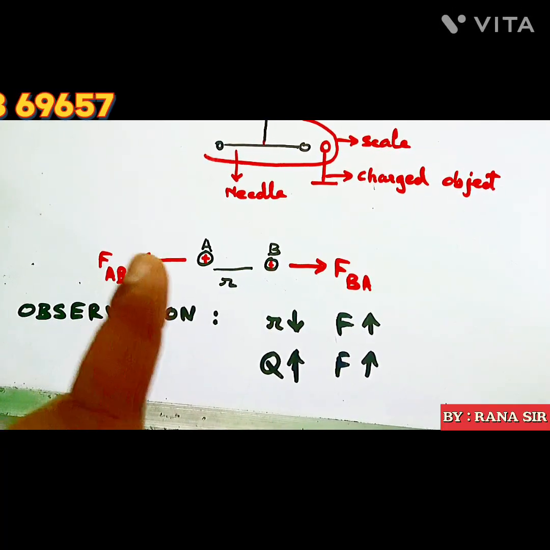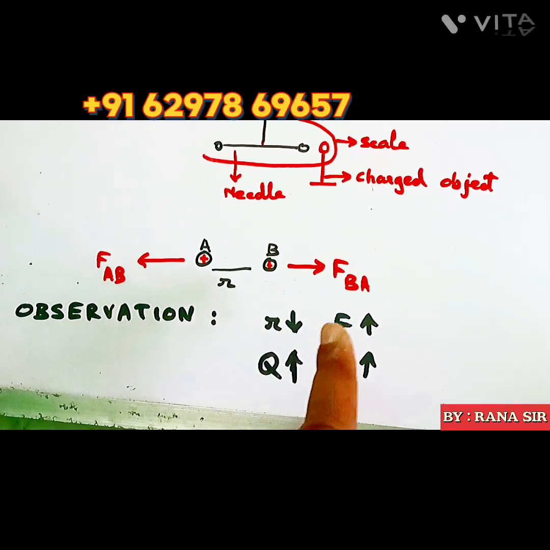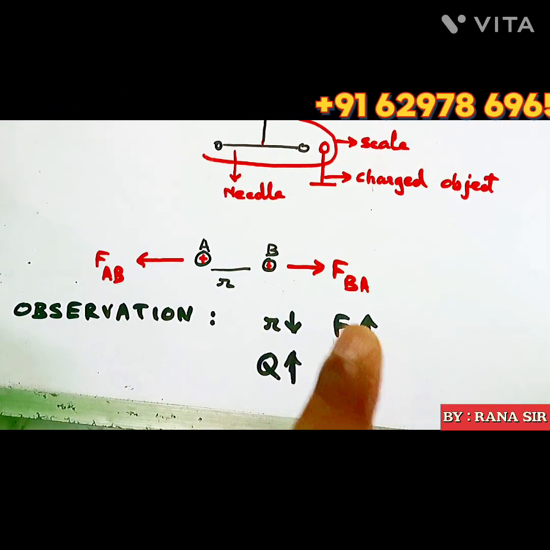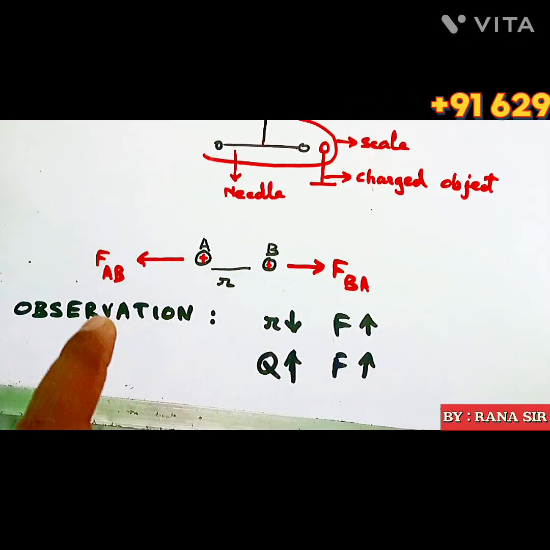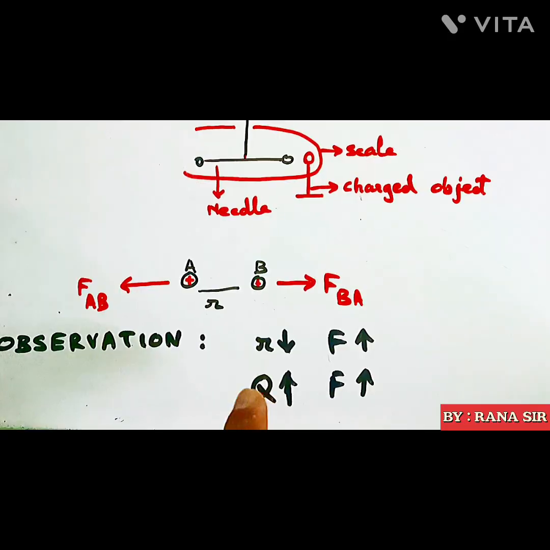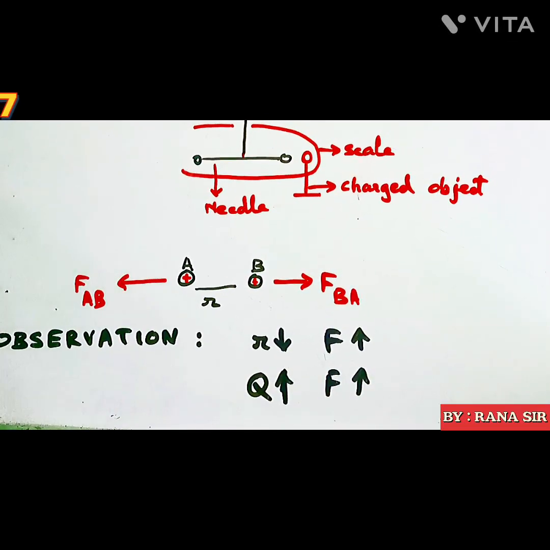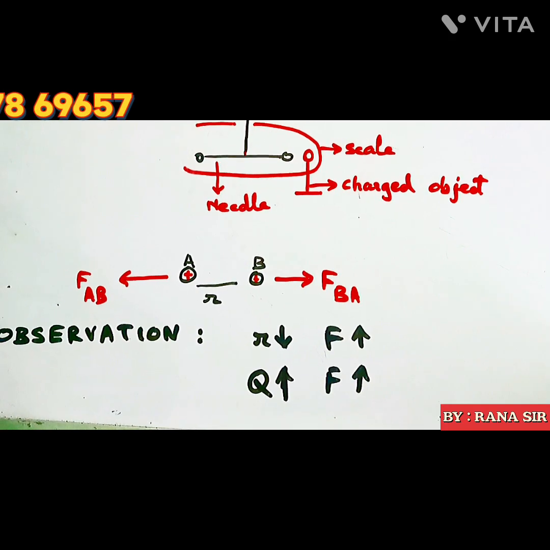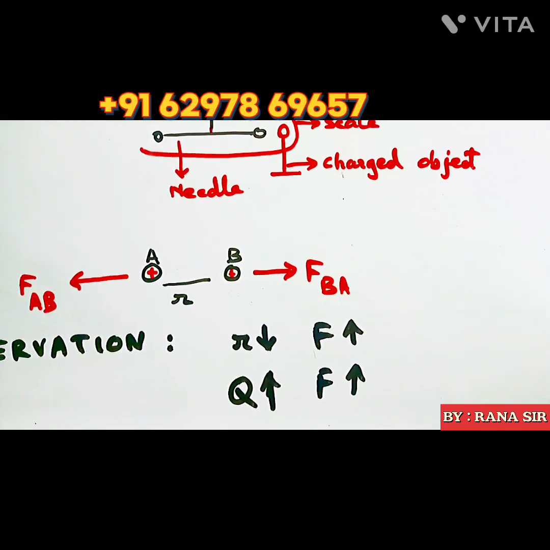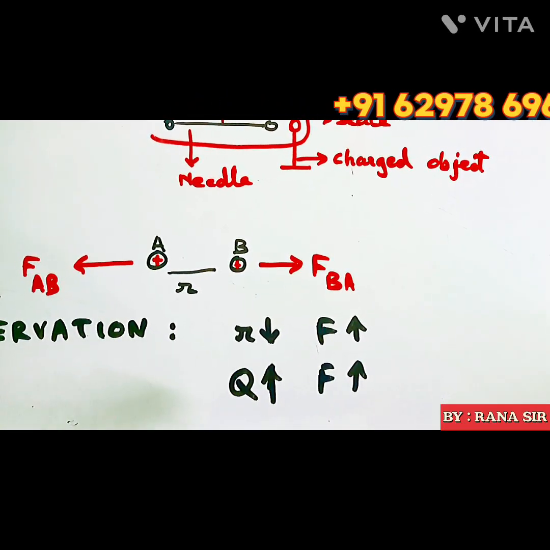This force is applied on A charge by B charge. So we will be writing force on A by B, and this is force on B by A. He further observed that when the distance decreases, the force increases, inversely proportional. And also he observed when the charge increases, the force also increases, directly proportional.